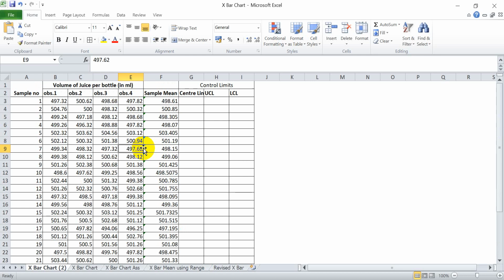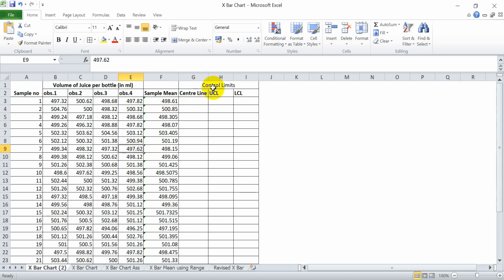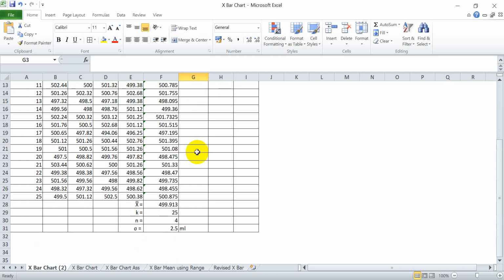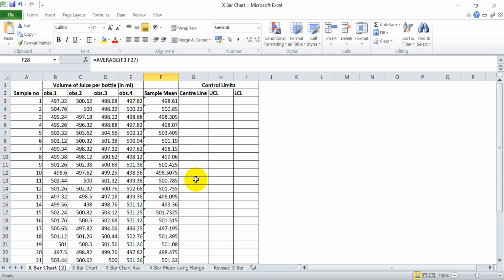Now we have to get the value of the center line. What is your center line? It will be your X bar, that is cell number F28. Just write over here.